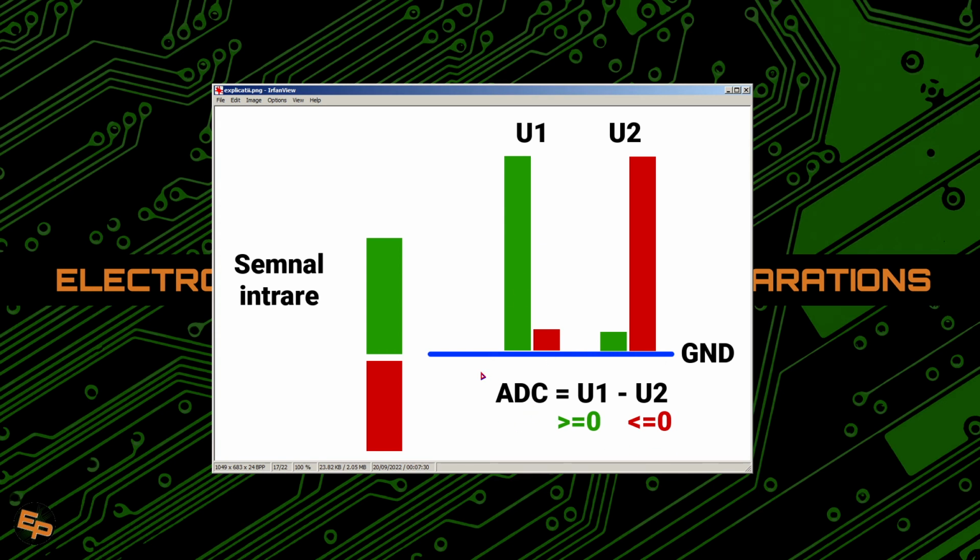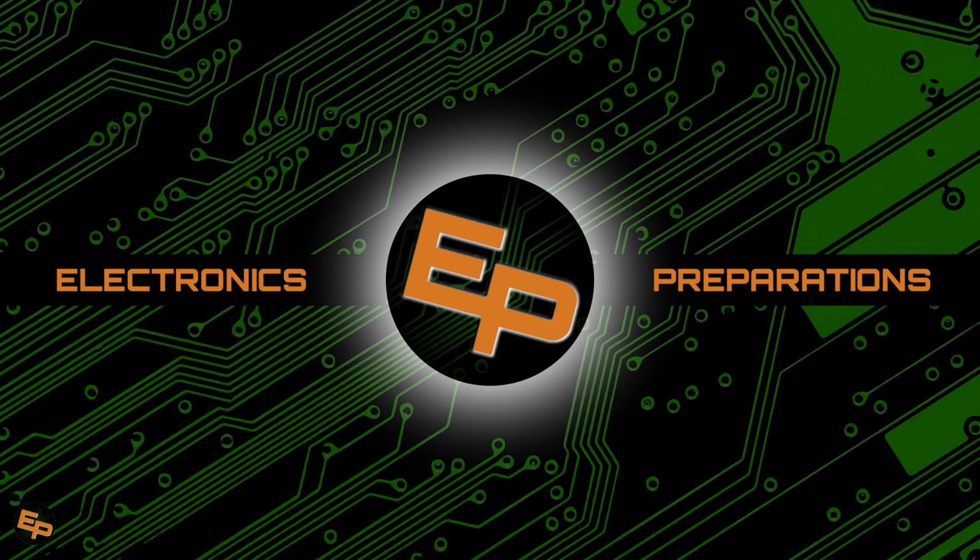So basically on the digital side, when the ADC calculates U1 minus U2, in the first case with the green, the result will be positive, and in the second case with red, obviously the result will be negative because U1 will be smaller than U2, in spite of the fact that in both cases both U1 and U2 will be positive relative to the ground. And this is how the whole thing works and what needs to be done.